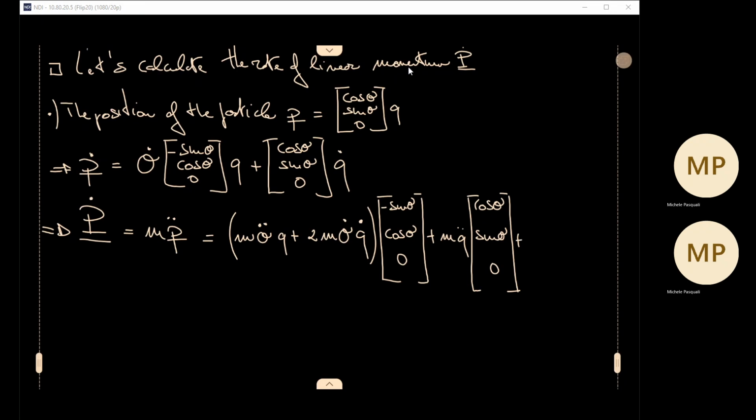And m theta dot squared q, which multiplies minus cosine of theta, minus sine of theta, and 0. Okay, so this is the rate of the linear momentum. Now what we have to do is to write the virtual work associated to external forces and inertia.